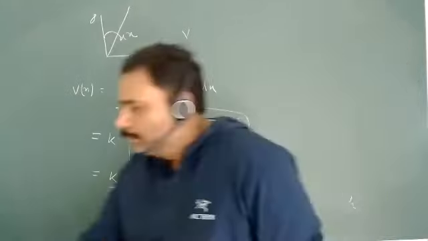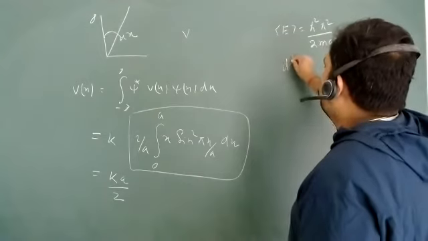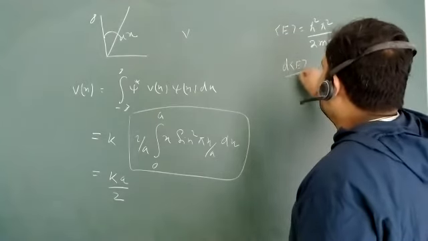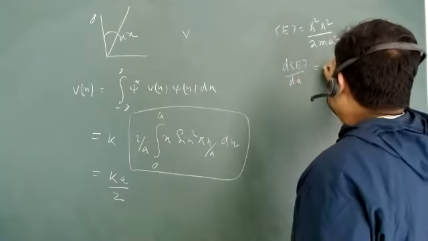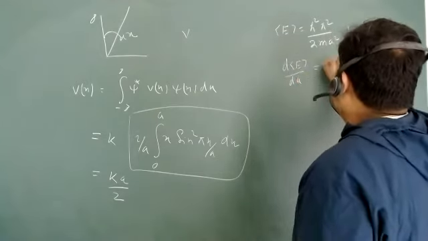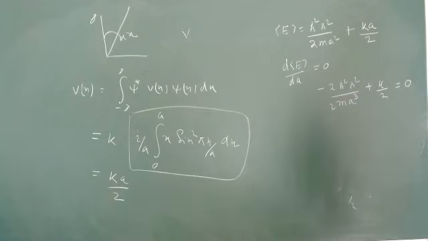Now, what is the parameter here? A is the parameter. So dE upon dA must be equal to 0. Again, you have minus 2 h cut square pi square upon 2m a cube plus k by 2 is equal to 0. Am I correct? Okay?